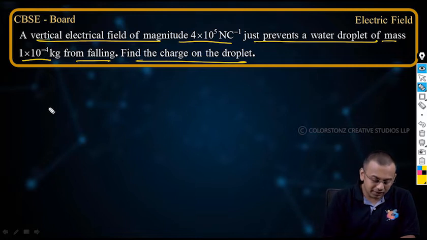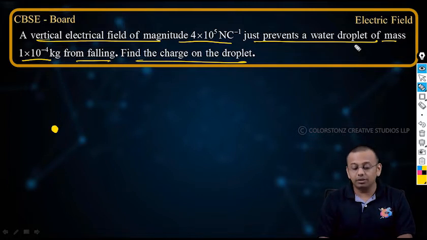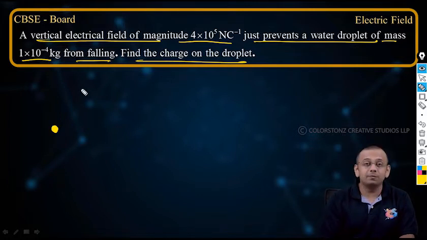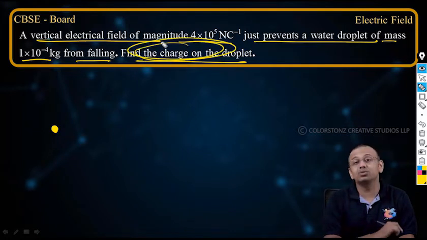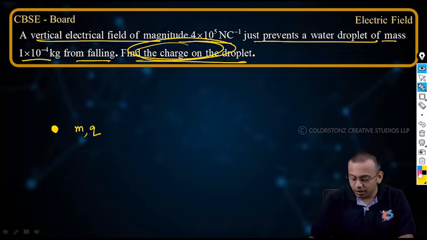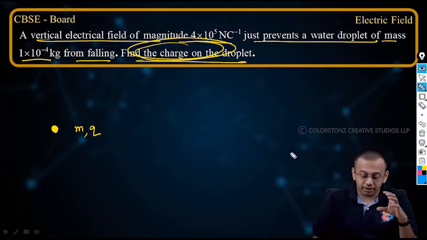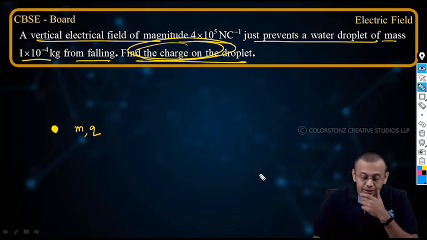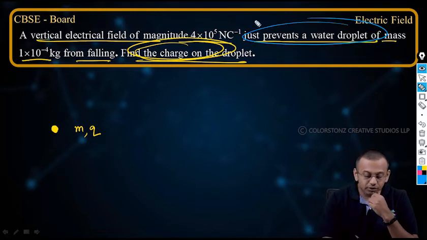So the setup here, if we want to represent, then it's like this. This is our water droplet. It has some mass m, and obviously it has some charge q because they're asking us to find that charge. Now they are saying that the electric field just prevents it from falling.